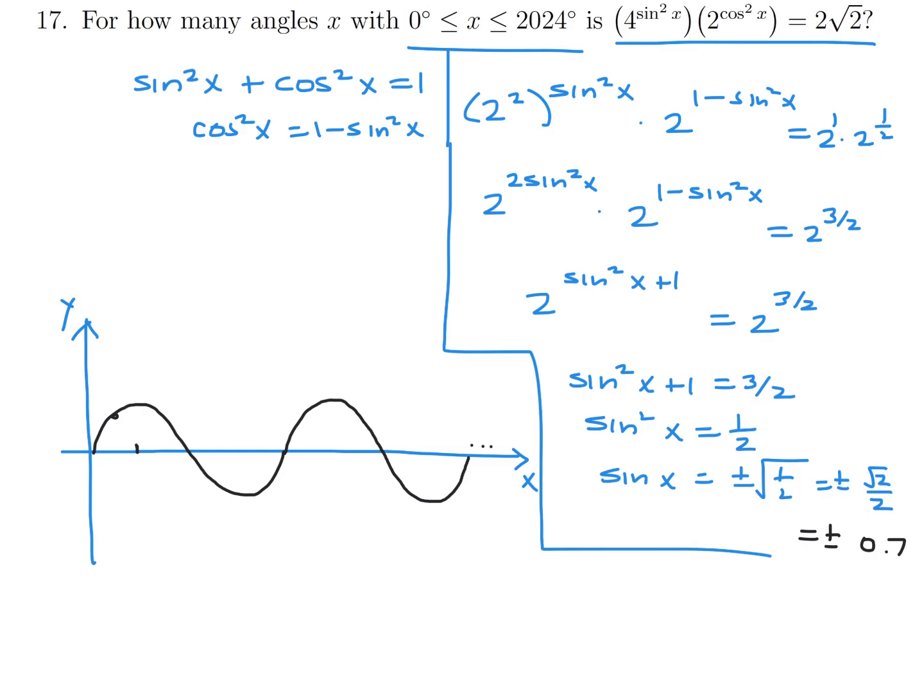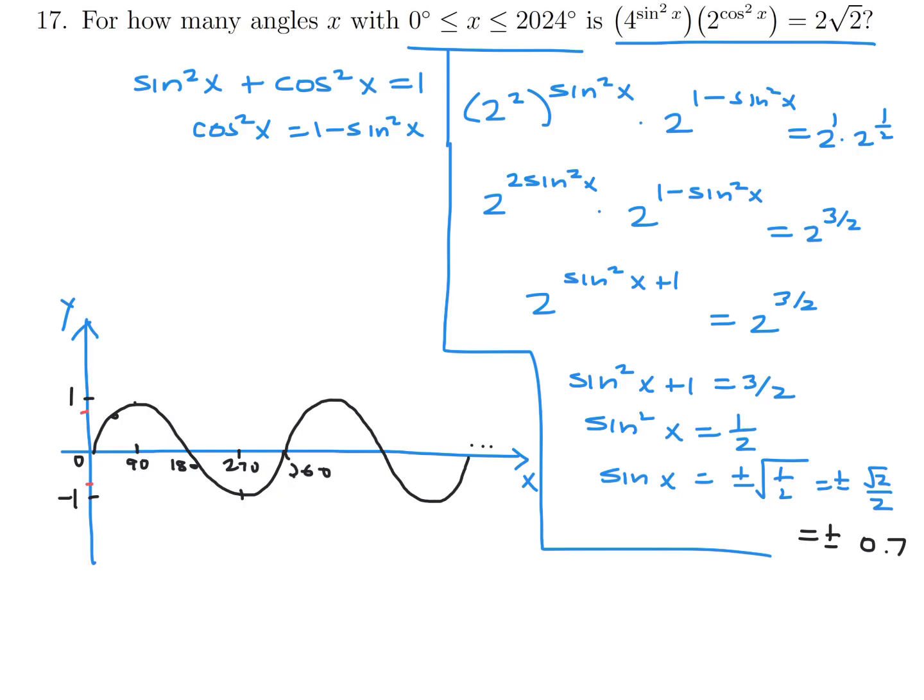So when the value is 0.7, it looks like here, because this is, hold on, let me think about this for a second. This is 0, obviously. This is 90 degrees. This is 180. This is 270. And this is 360. And then the value for 90 is 1. And then for 270 is negative 1. So 0.7 for the value of sine x would be approximately here. This is 0.7.